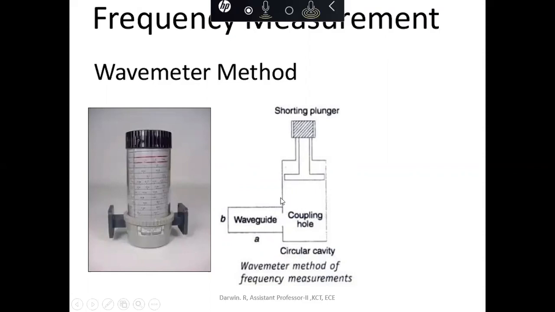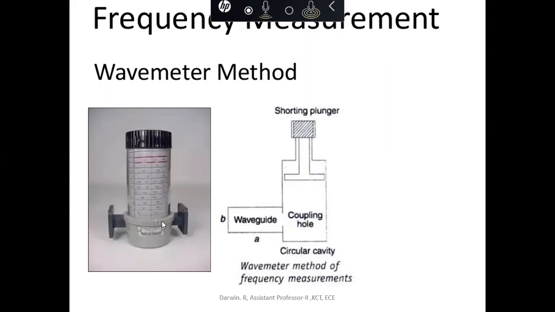You all know each cavity has a resonant frequency, which is fixed based on the dimension of that particular cavity. So each movement of the plunger gives a different resonant frequency for that cavity.